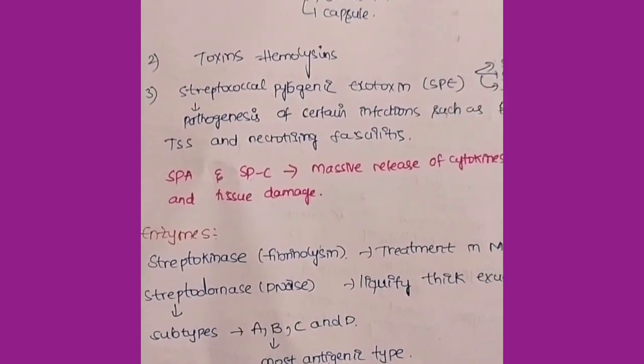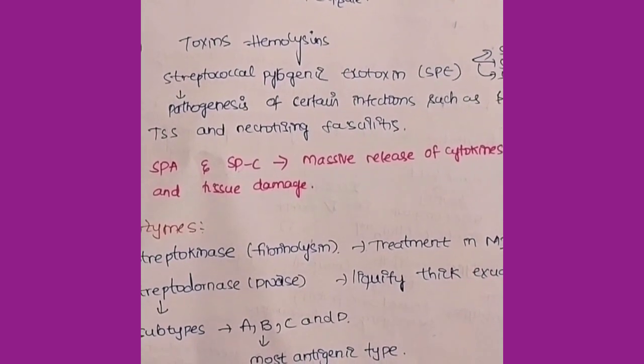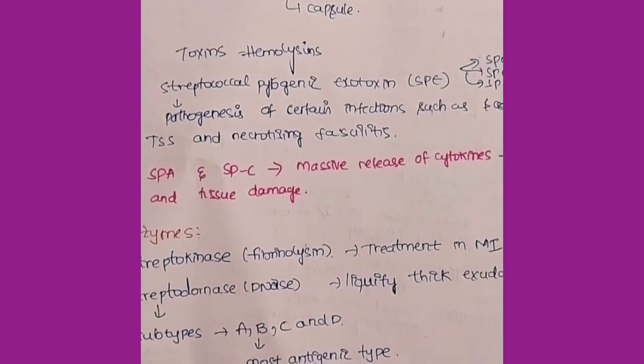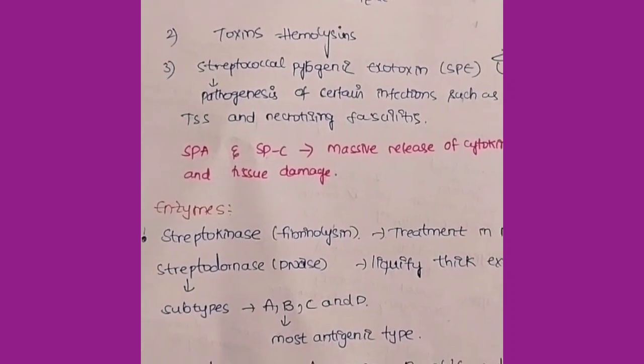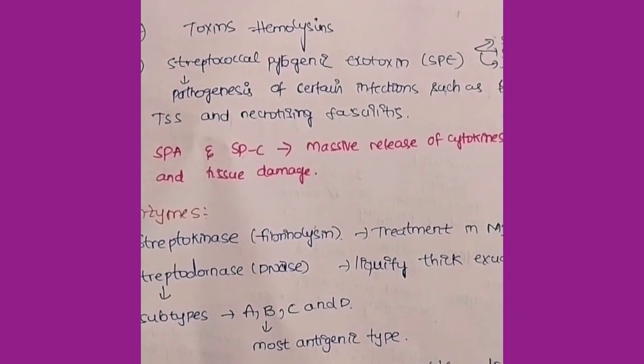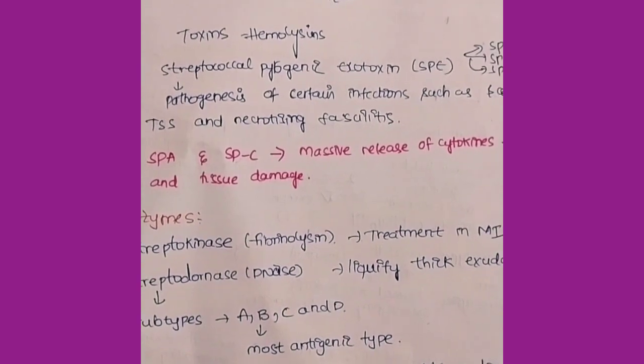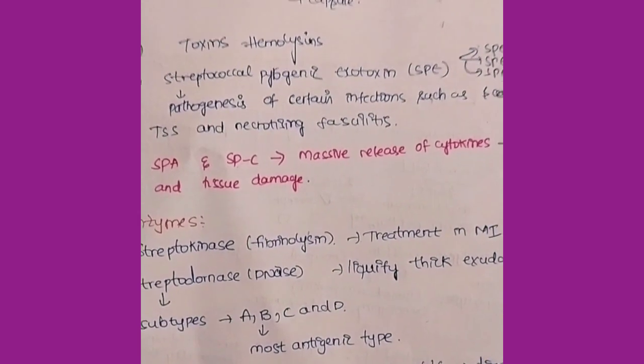Next, toxins and hemolysins. Hemolysin, as the name suggests, causes destruction of RBCs.